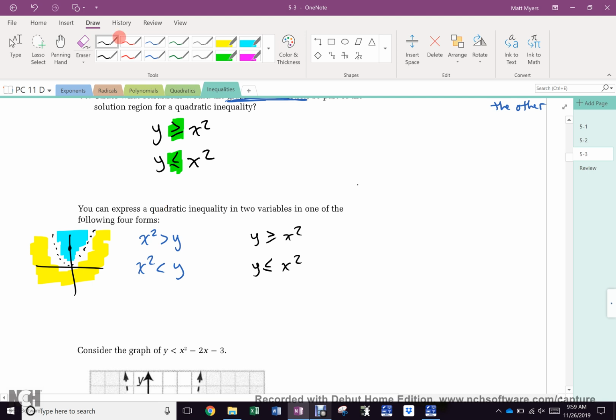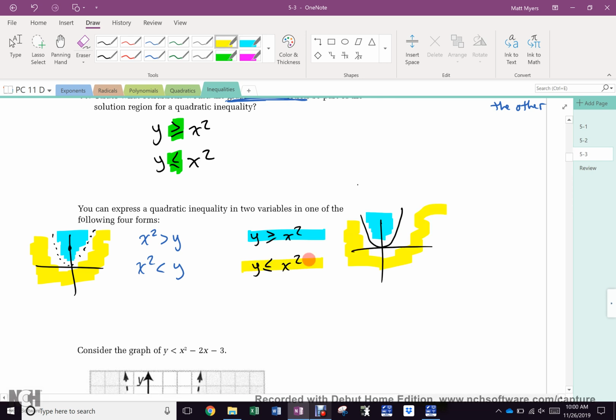Okay. And then over on this side, solid line, why? Because it's got equals. Greater than is where? In there, and less than is out there.